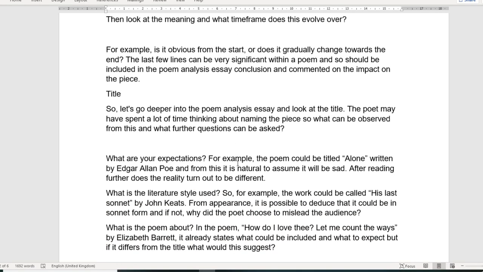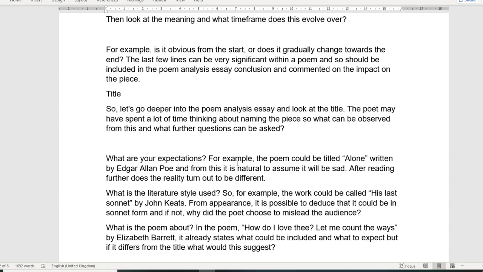Alright, so I'm just going to go through different elements when you're analyzing, for instance, the title, imagery, and so on and so forth. If you want to analyze the title of the poem, you need to take a little bit of a step back and think, why would the poet choose this title?